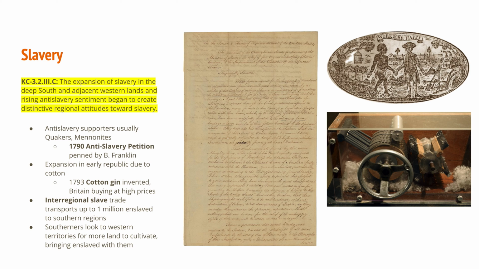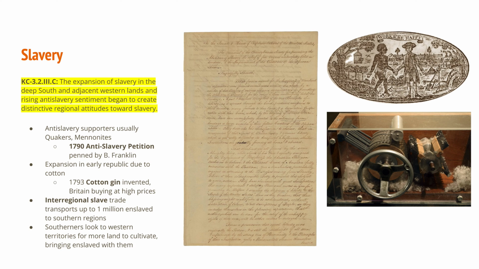And so you can see how the cotton fibers are getting separated, and all of the residue, all of the things that can't go into the textile mill, get separated a lot easier. It exponentially speeds up the process of making textiles, because the very slow process of handpicking the seeds out of the cotton would take too long. So this leads Southerners to adopt cotton as the new crop of the South.